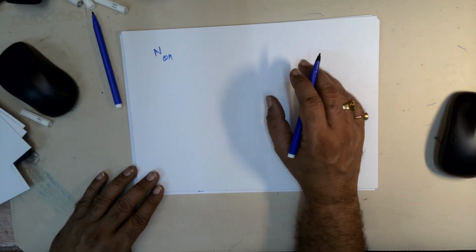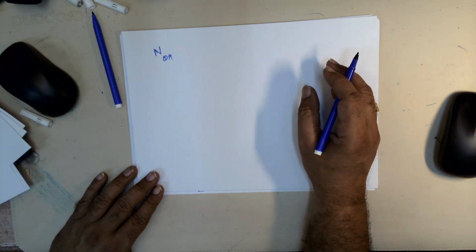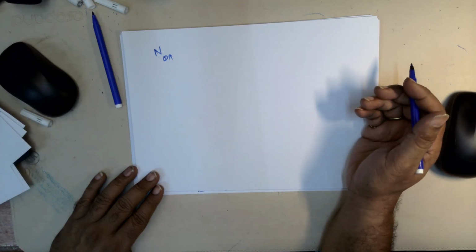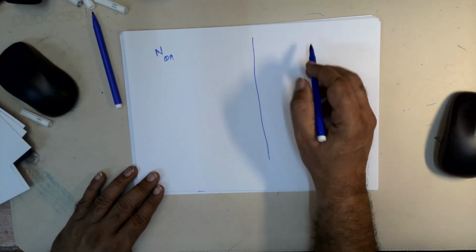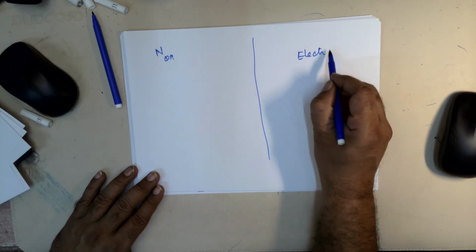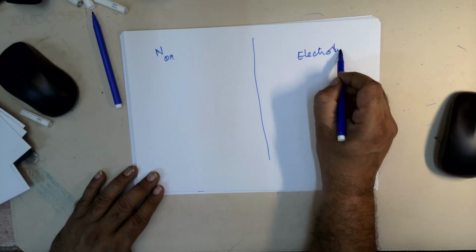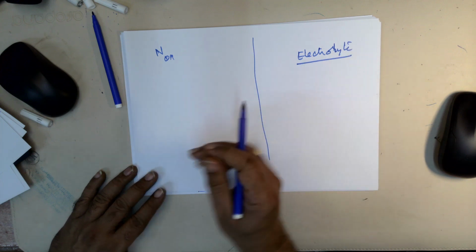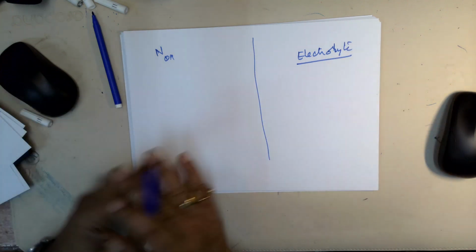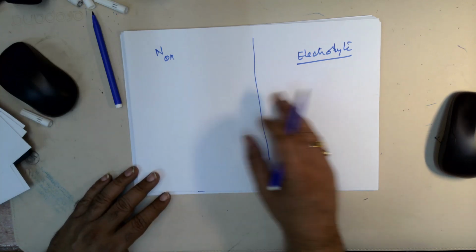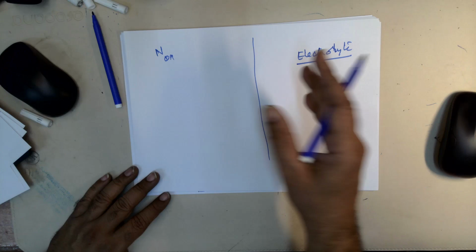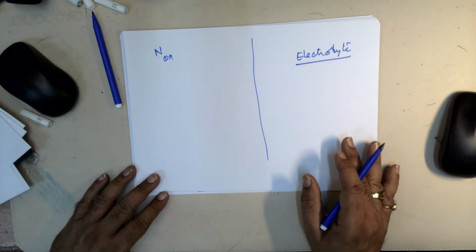What do you mean by acid? For example, we talk about strong acid and weak acid. Please make a note of this, it will be very helpful. Let me call it electrolyte. What do you mean by electrolyte? Electrolyte is an ionic conductor. Conductors can be classified into two: metallic conductor and ionic conductor. In a metallic conductor, electrons are responsible for conductance of electricity.